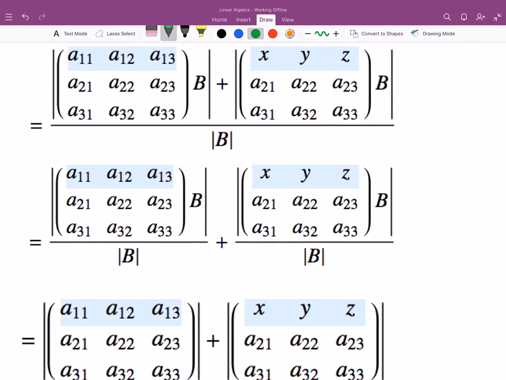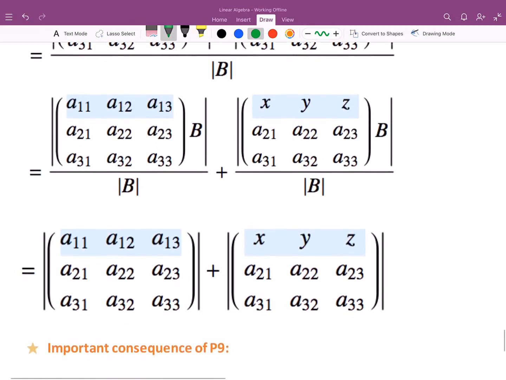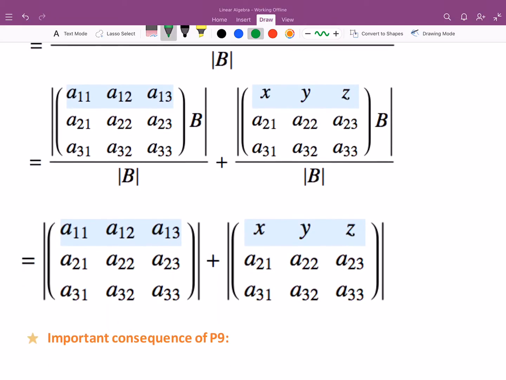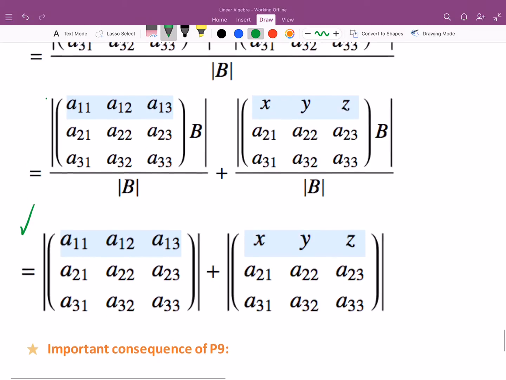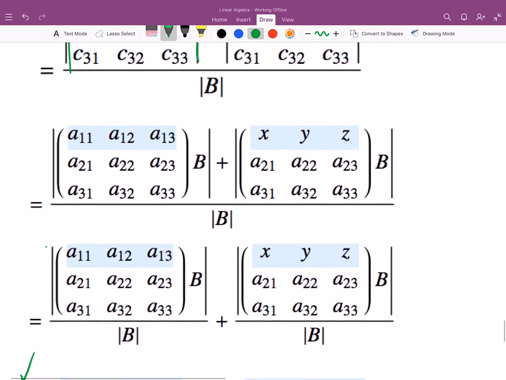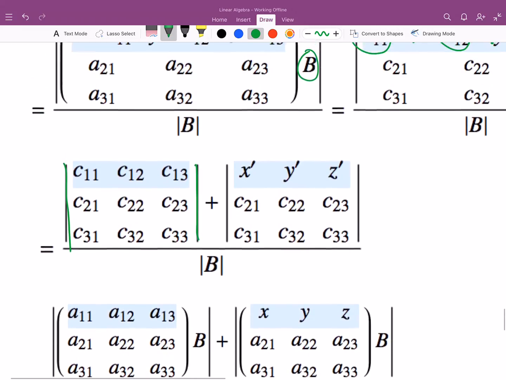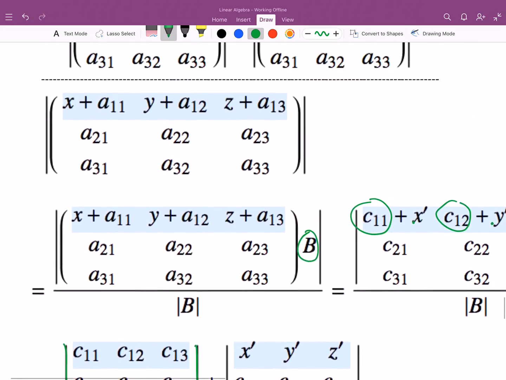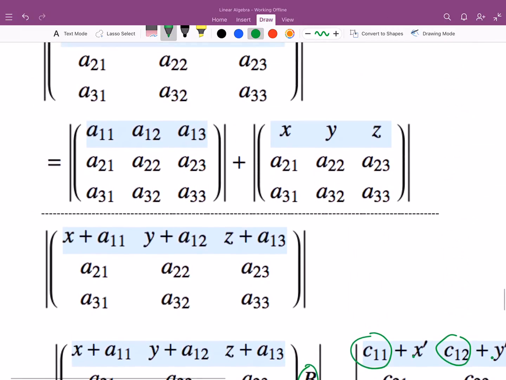After some algebra, what do we get? We get the determinant of the original A plus the determinant with x, y, z in the first row, keeping the second and third rows the same. This is exactly linearity. Now, I'm going to have to go through this one more time in class, so go through the notes again, carefully.